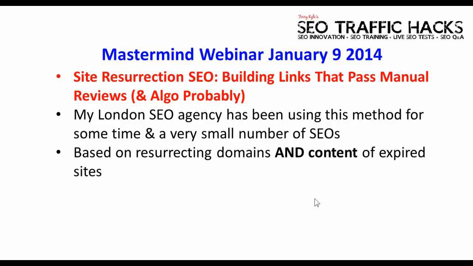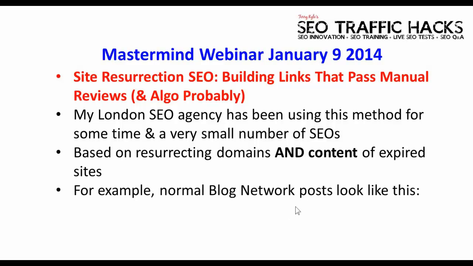And normally in mainstream expired domain SEO, it's just about working with the expired domain. But here, the crucial extra ingredient, or one of them, is that we're getting the content of those expired domains as well, particularly from relevant sites in your particular niche. And we'll go through a clear example of that tonight.